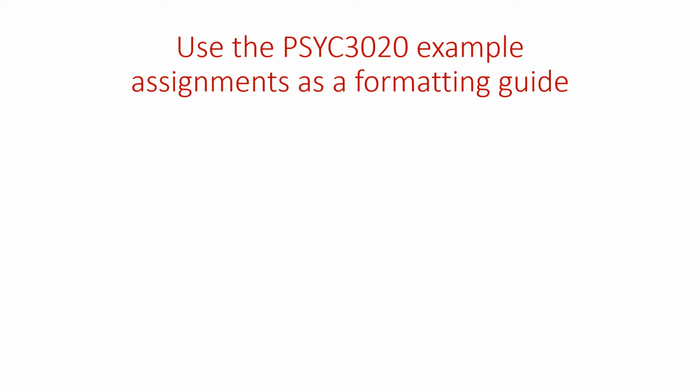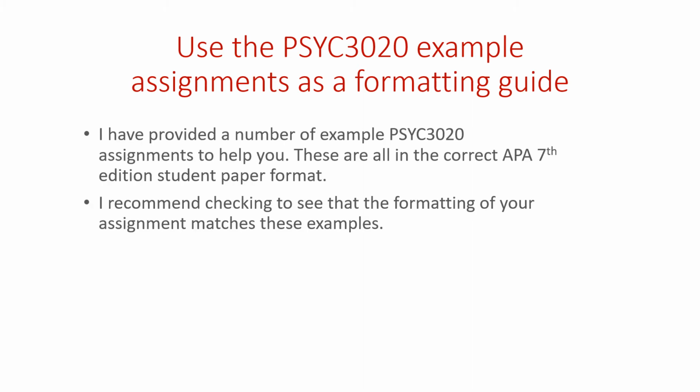One key bit of advice with the Psych 3020 assignment is that we've used 4 model assignments from previous students, where we've taken previous ones where the students themselves have fixed them up, and we have converted them all into APA 7th format. You can get all 4 through assessment and the assignment materials on Blackboard.